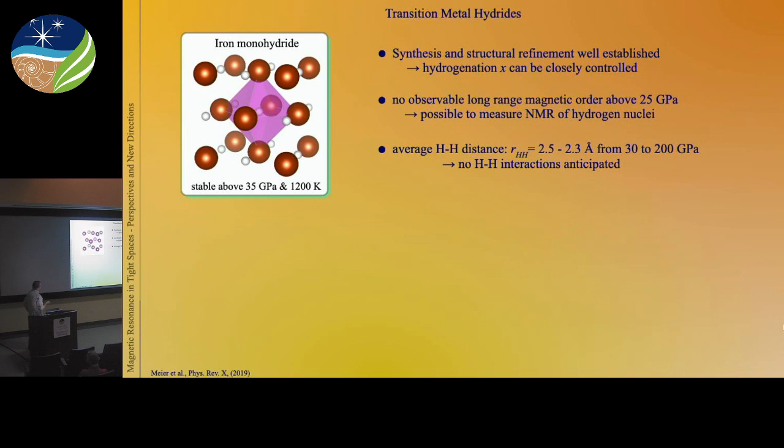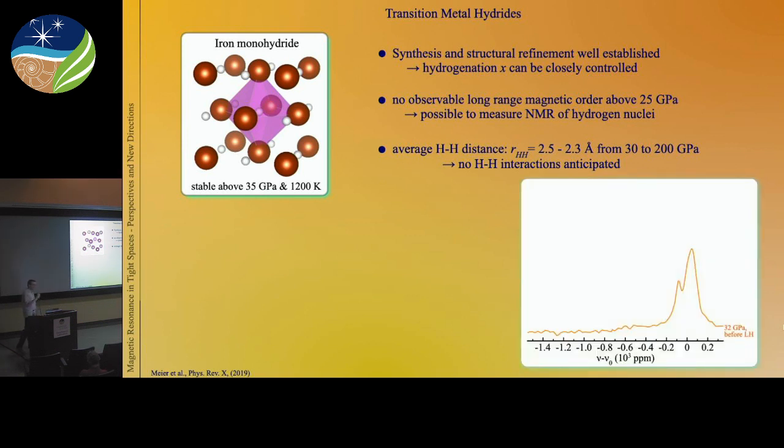Now what we did is we prepared 2 cells, filled them with paraffin oil as a hydrogen donor, and sprinkled some iron powder on top. Then we closed the cell, pressurized it above the ferromagnetic collapse of iron, and measured the proton signal, which you can see here. This is a very characteristic spectrum of paraffin oil with nothing fancy happening at the moment.